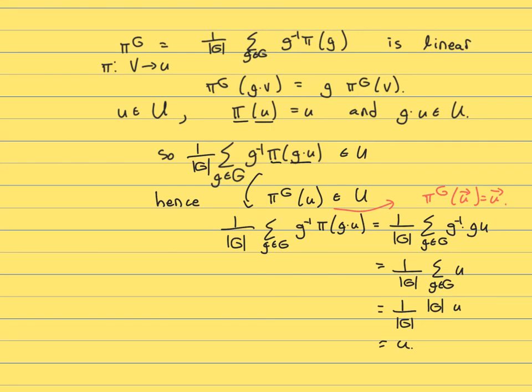In particular, that means that our homomorphism pi^G is actually surjective. So pi^G from V to U is surjective, because literally every vector in U has a preimage, namely itself. And so we can let W prime be the kernel.